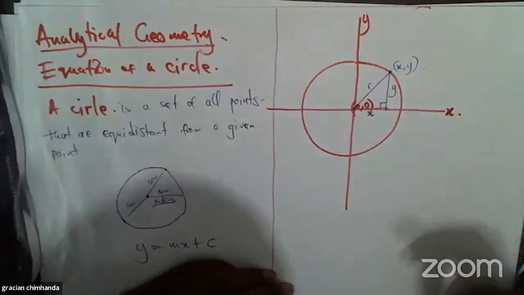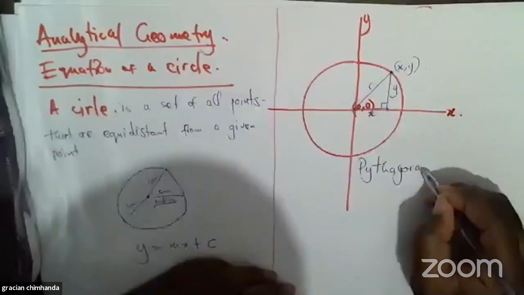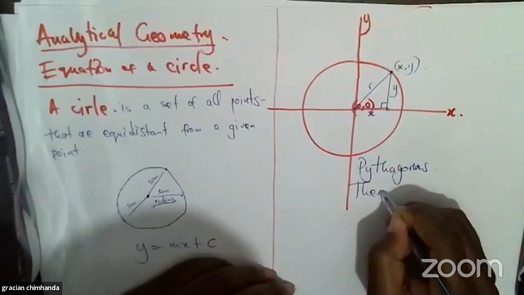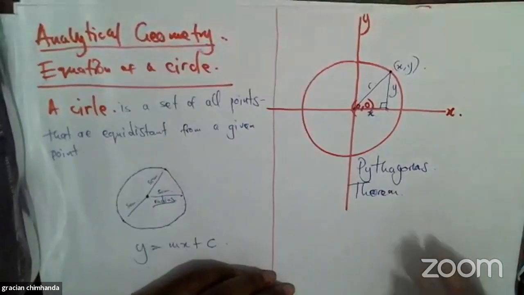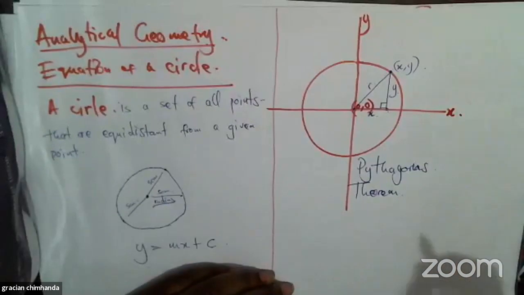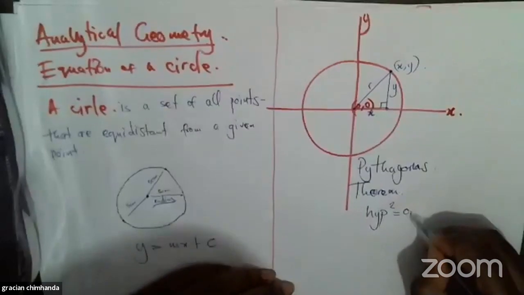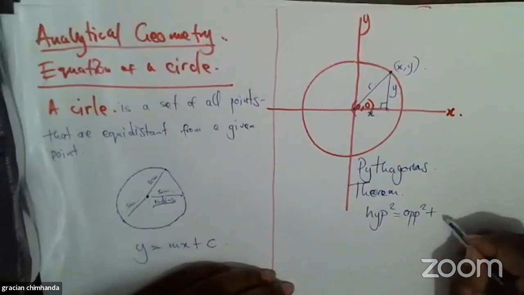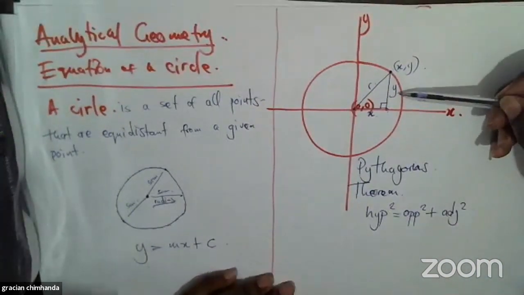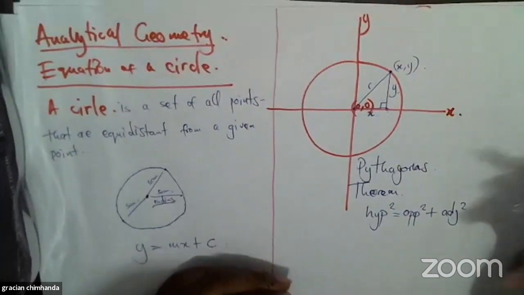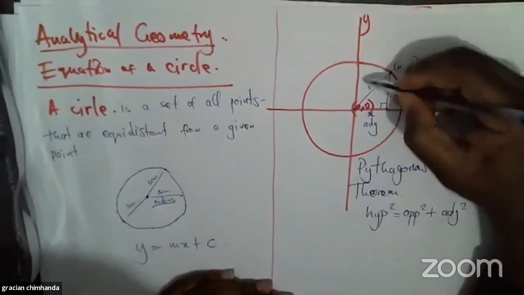I think we are all familiar with the Pythagoras Theorem. Sorry for my handwriting, right? The Pythagoras Theorem says the hypotenuse squared is equal to the opposite squared plus the adjacent squared. In this case, because it's a right-angled triangle, this is the opposite, this is the adjacent, and this is the hypotenuse.